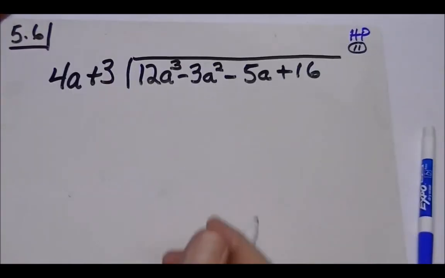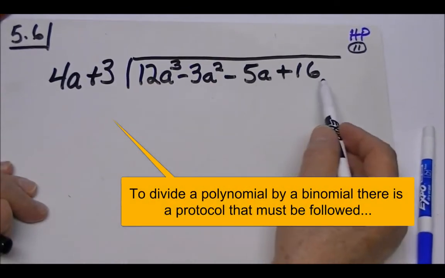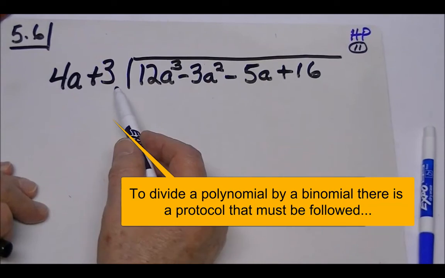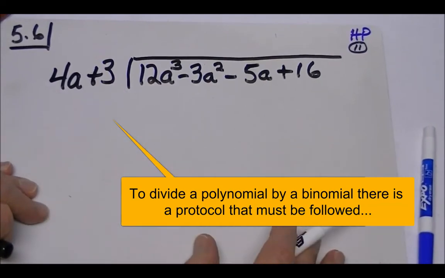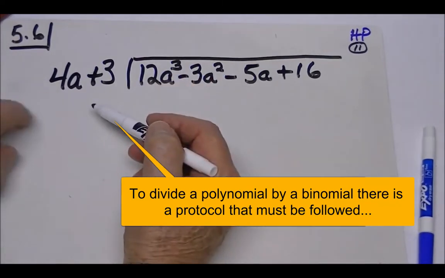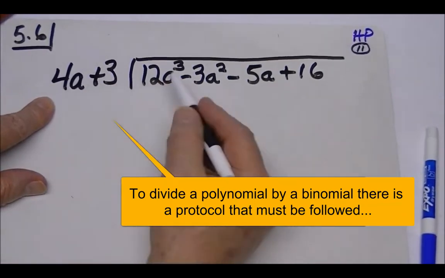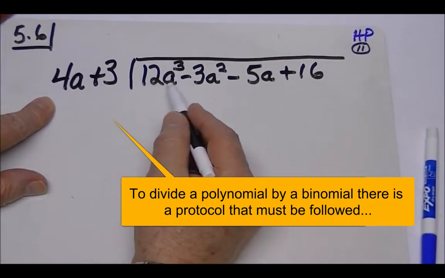Now in this example, what we're going to be doing is dividing a polynomial, and there is a technique that must be followed, and I will illustrate that here. So the first thing we have to decide is, how many times does this term go into our first term here?